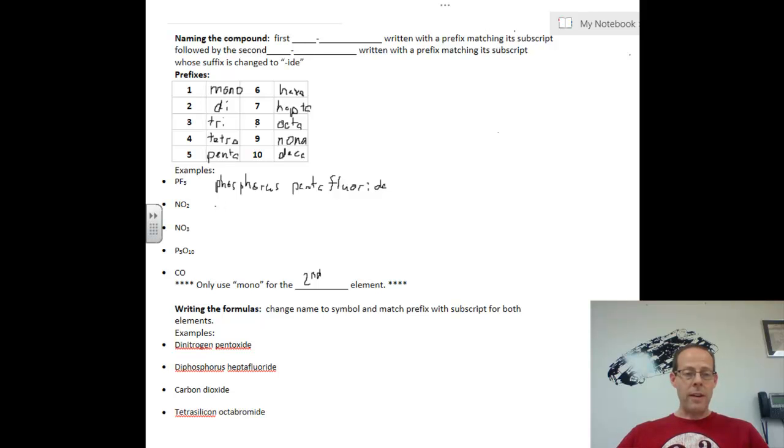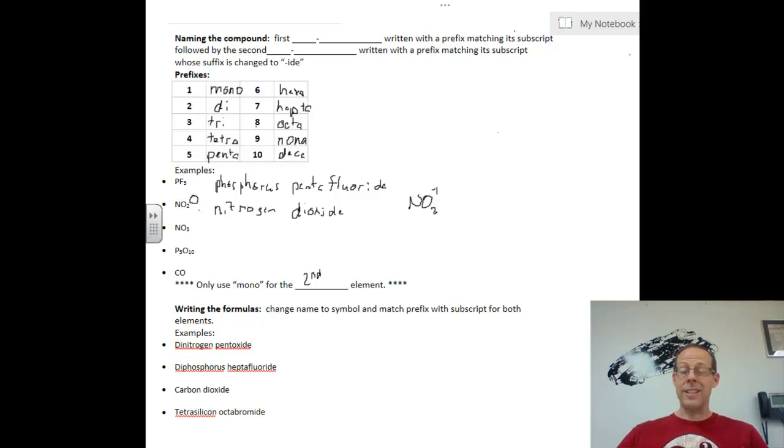Next one, we have nitrogen. All right, then we have 2 oxygens. That would be dioxide. So how do we know that this is not nitrite, right? The polyatomic ion we memorized, it was NO2. Well, because it's an ion, it has a -1 charge. And notice over here, this has no charge.